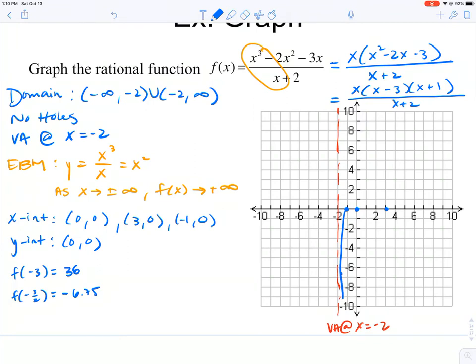Okay, so it's probably going to come down and decrease without bound. I don't know if this will cross. I think it probably will. But it does something like that. Think of that. It's up here somewhere doing something like that.